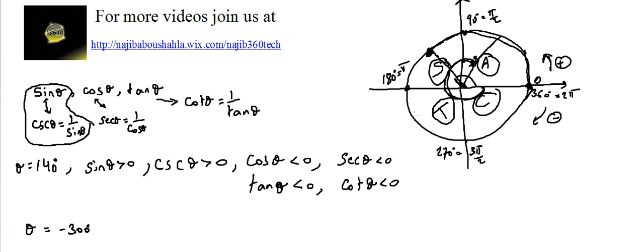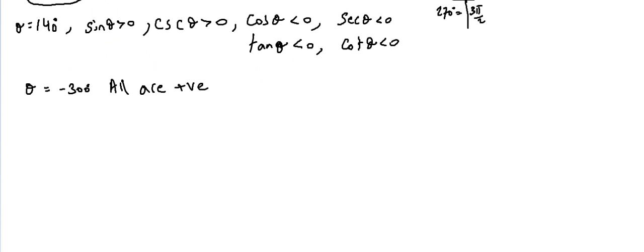Here all are positive, right? Let's take 300. Is it the same as negative 300? Let's see. Positive 300: 90 and 90 is 180, again 90 to 270, and 30 more. So this is the angle.